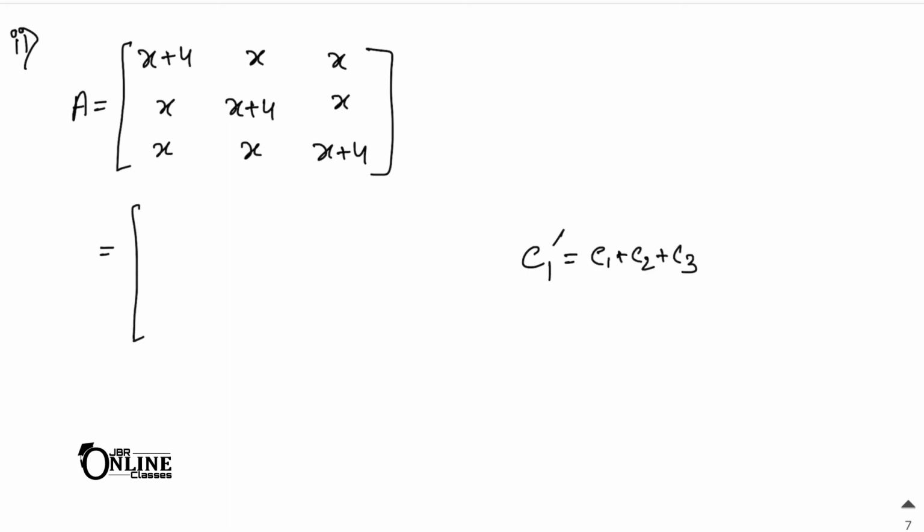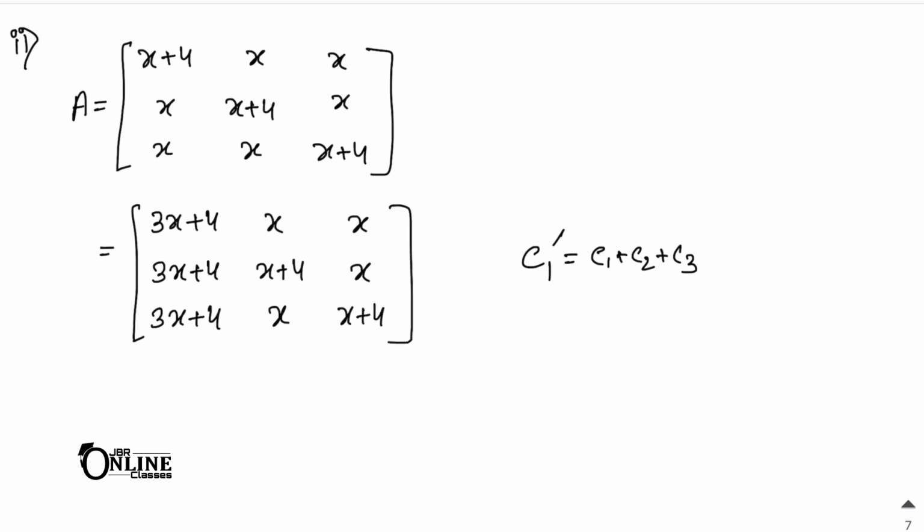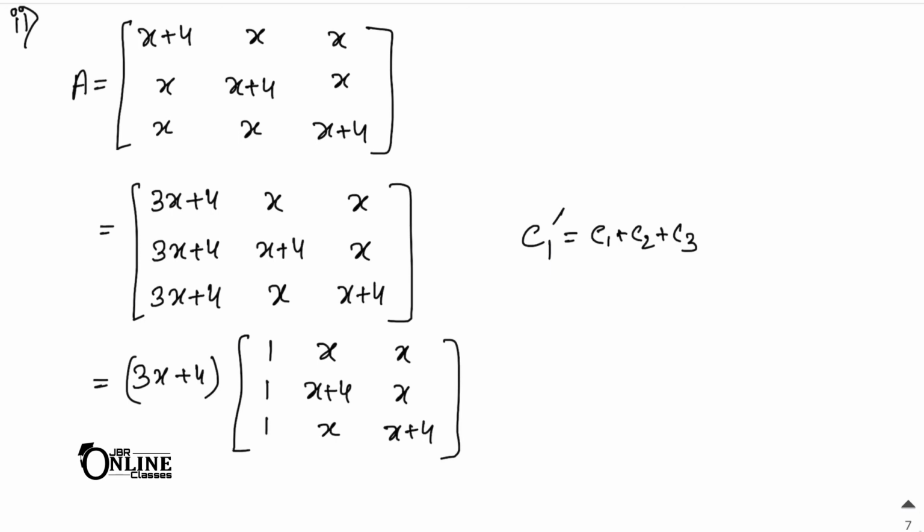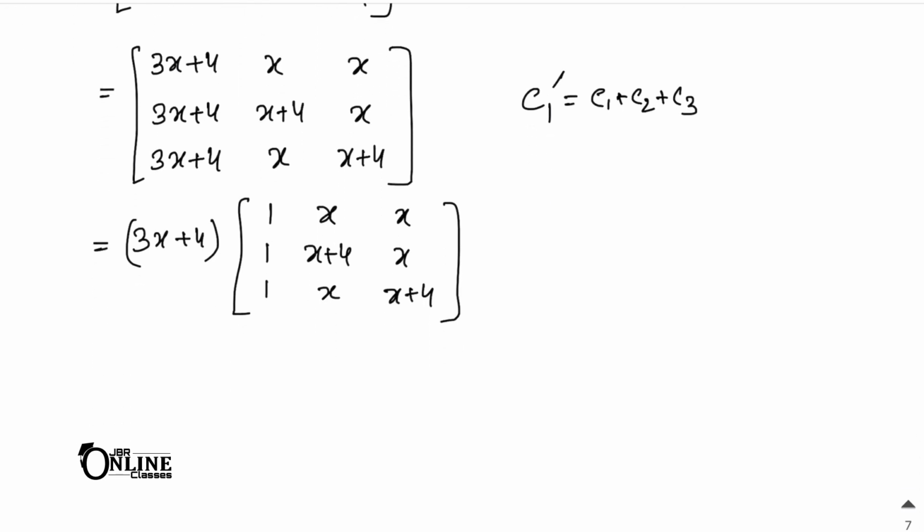So it will now be 3x plus 4, then again 3x plus 4, then again 3x plus 4, with x, x plus 4, x and x, x, x plus 4 in the other columns. Now 3x plus 4 will be common, so it becomes 1 1 1, x plus 4, x, x, x plus 4. So now this is your current matrix.